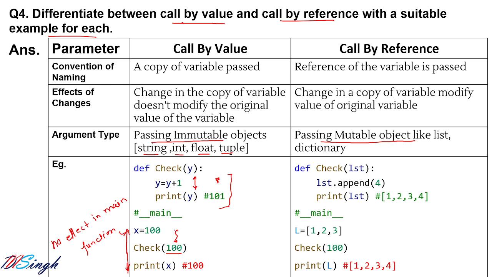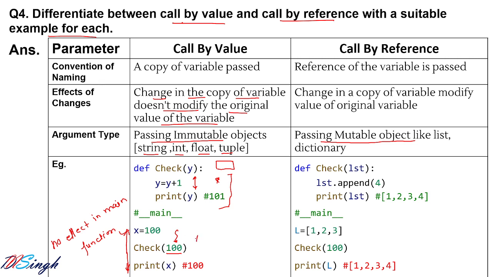You can understand it in another way also. When an immutable object is passed, a separate copy of that variable is created. It will not work on the same copy. A change in the copy of the variable doesn't modify the original value of the variable. Even though I have written x in place of 100, x is holding 100 only.